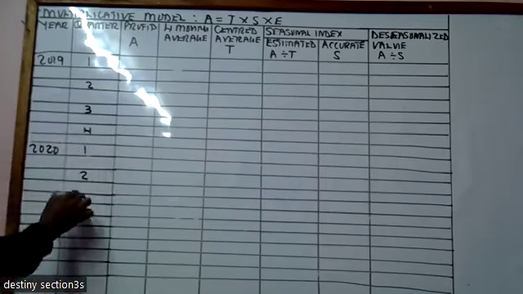Okay, so we are beginning with the year 2019. We skip rows. So 1, 2, 3, 4. Then 2020: 1, 2, 3, 4.